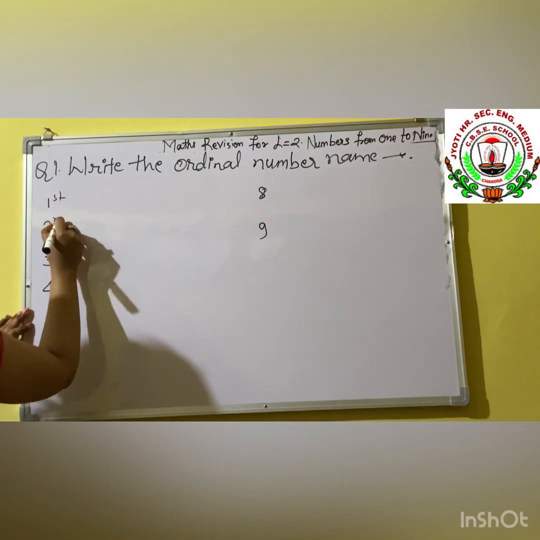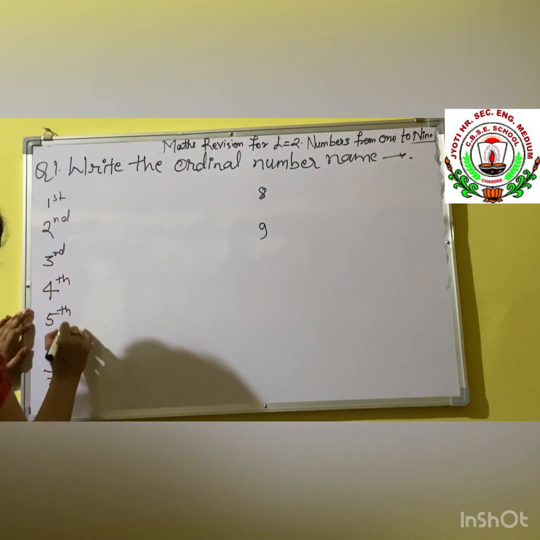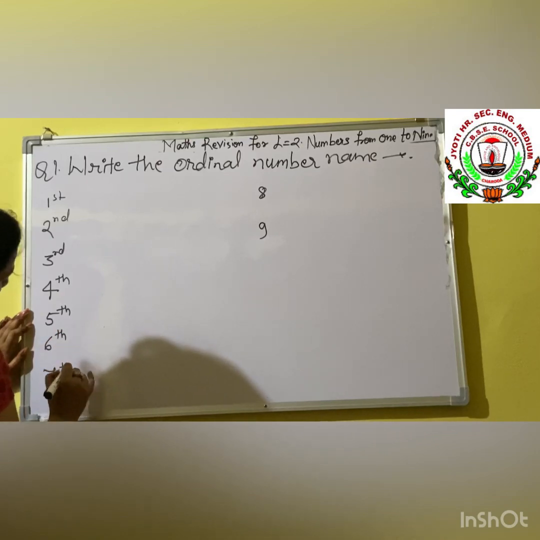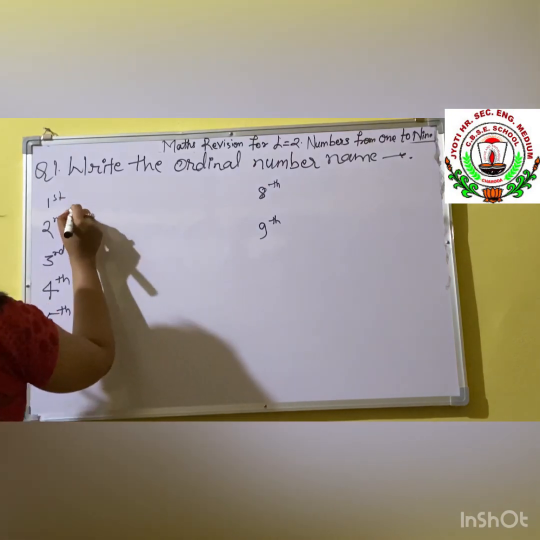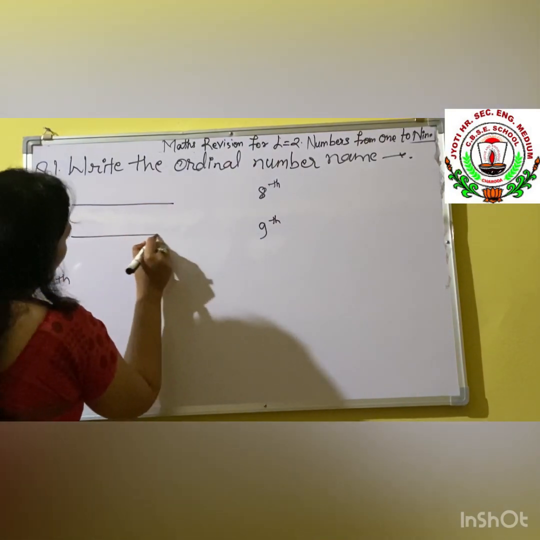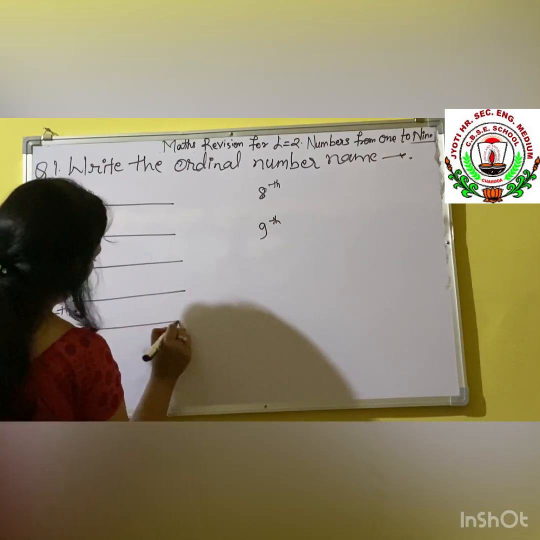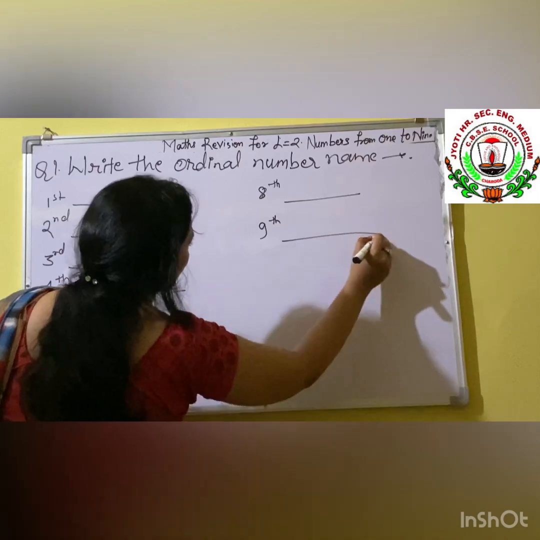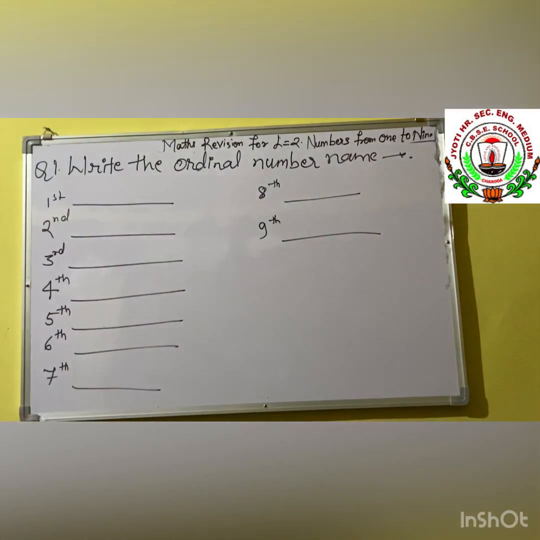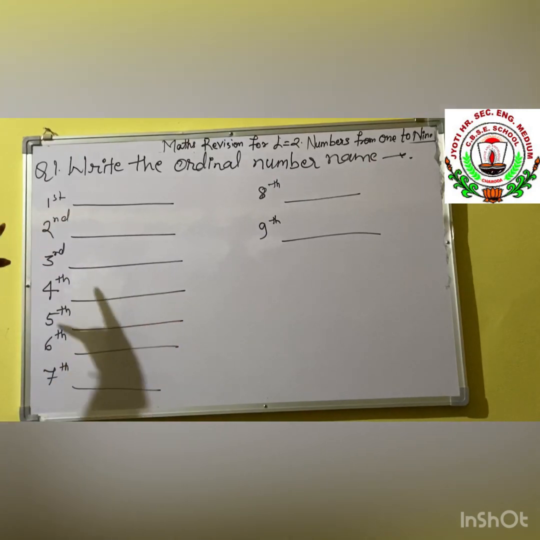First, second, third, fourth, fifth, sixth, seventh, eighth and ninth. In this way we will define the number names. Okay. First, the spelling in ordinal numbers, we will write the spelling of first.